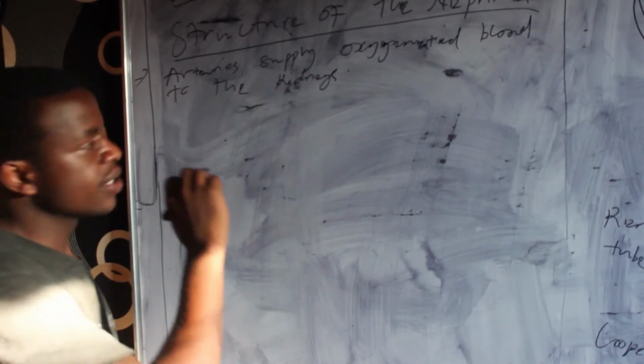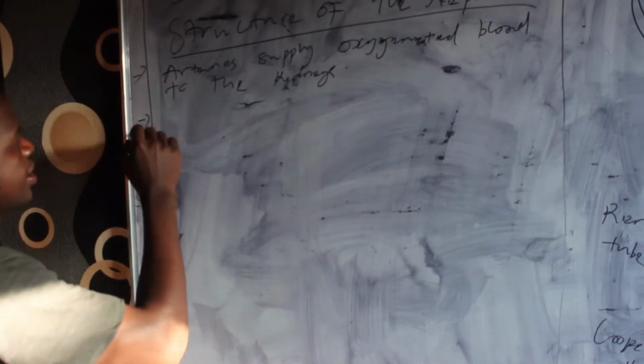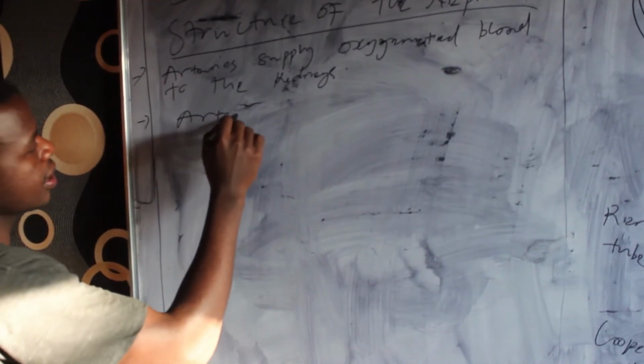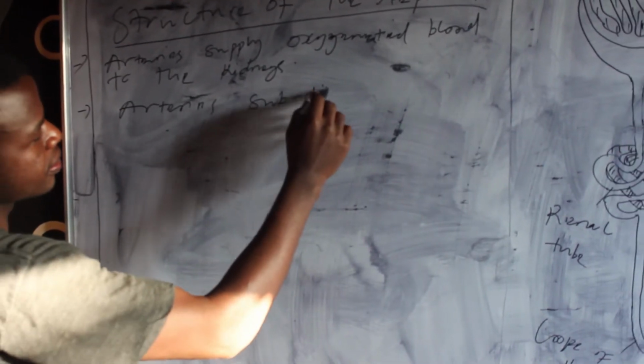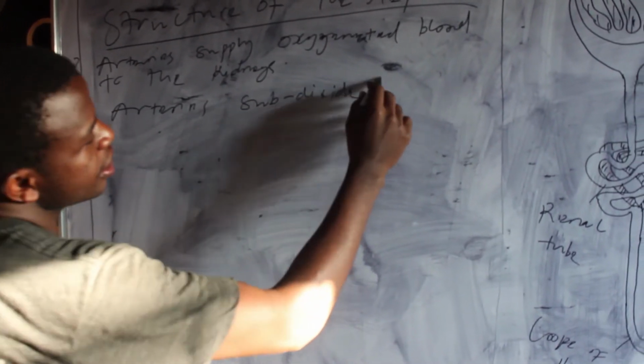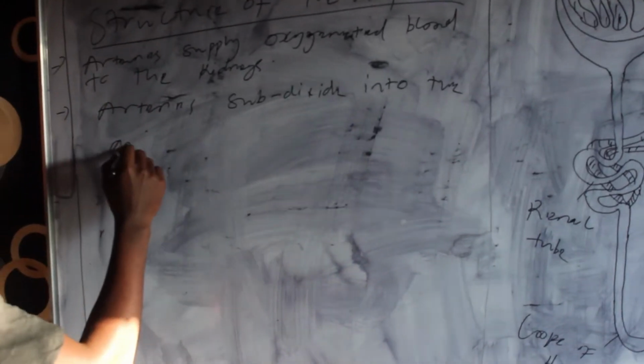Then the arteries, when they enter the kidney, subdivide into the arterioles. So the arteries subdivide into the arterioles.